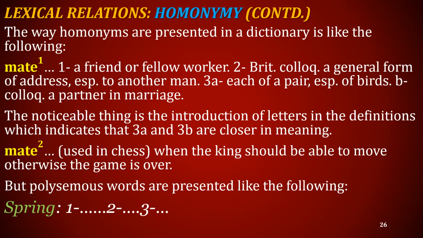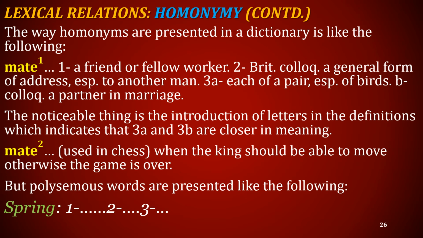Now, each of them might have one sense or more than one sense. For example, for mate 1, we have definition number 1, definition number 2, and definition number 3, which itself consists of A and B.